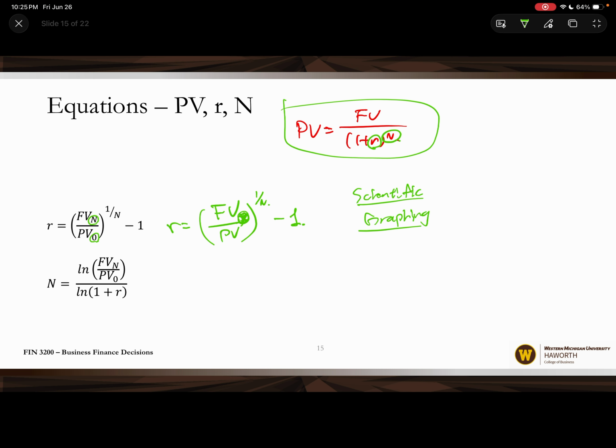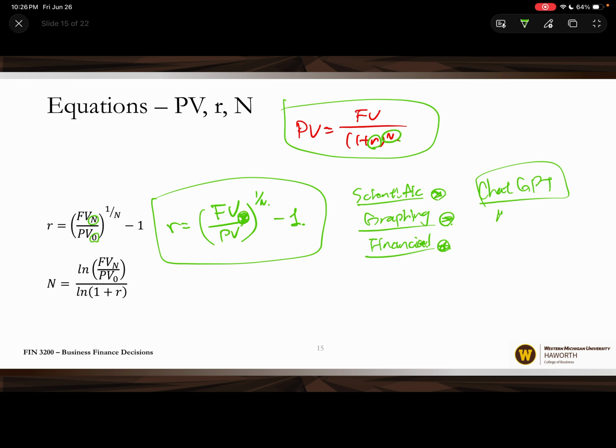Some people use a financial calculator. Doesn't matter what you use, but you have to figure out your own calculator. These days you can just ask AI how to use your calculator: give it the model number and the problem that you're solving, and figure it out on your own.